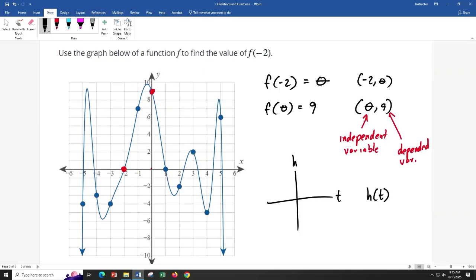It does not mean I can't graph things, though, like a parabola laying on its side. But that's whenever they're taking a function and flipping it. So instead of f of x is equal to x squared, it'd be f of y at that point, and they'd be making a y squared. So y squared would give you a parabola on its side.